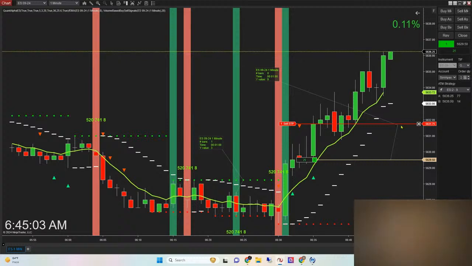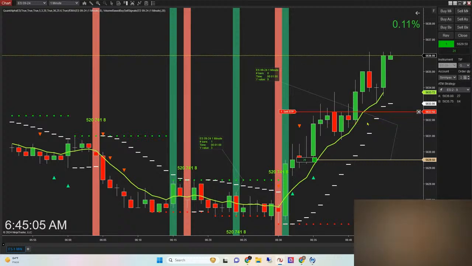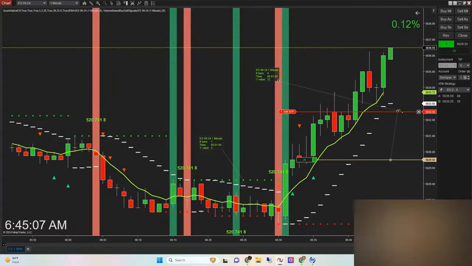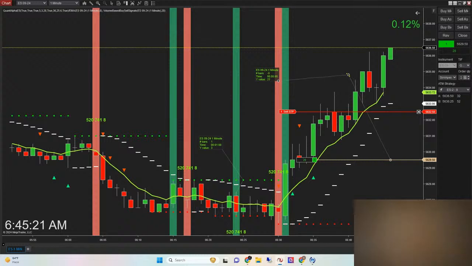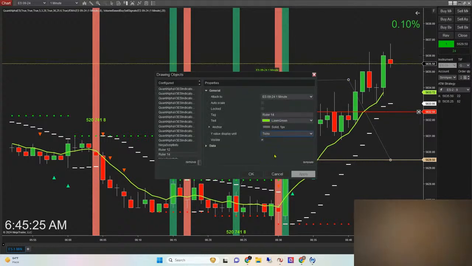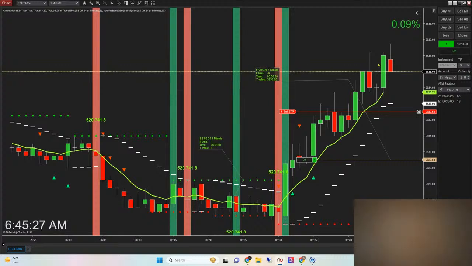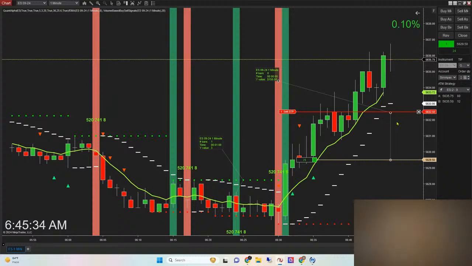Second dot now, it's gonna be here. So we secured now from this trade 12 ticks. So 12 plus 8, we secured 20 ticks now, which is 20 ticks. So we secured from this trade $250 plus 580. We're almost up 800 today.